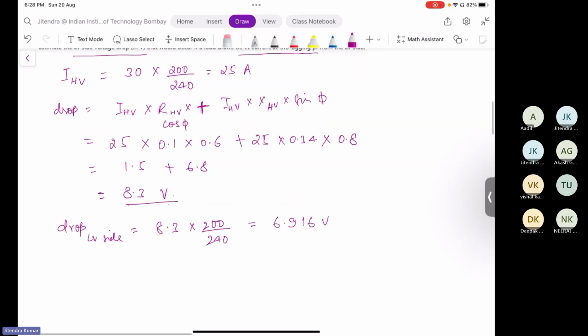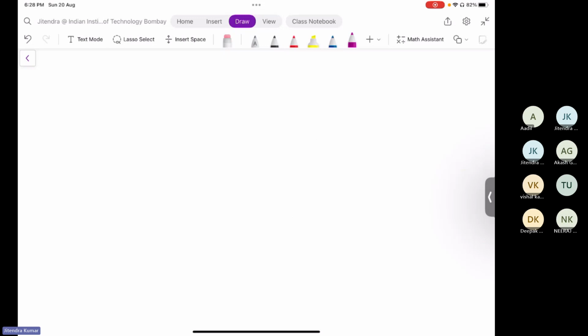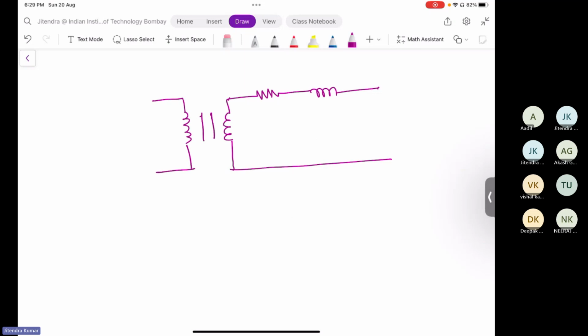So there is some load. Let us represent it as resistance and reactance. Let us suppose this is the secondary side of the transformer, and this is the primary side. We have transformed all the equivalent circuit parameters to the secondary side so that we can include them with the load.